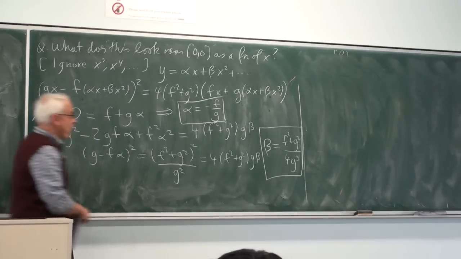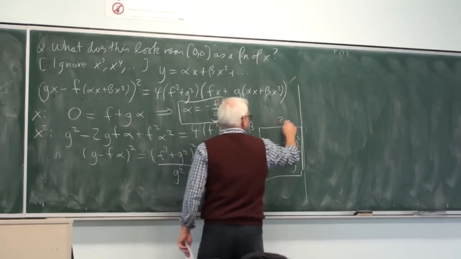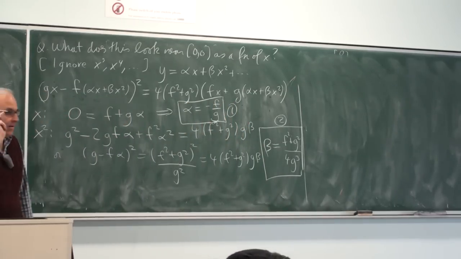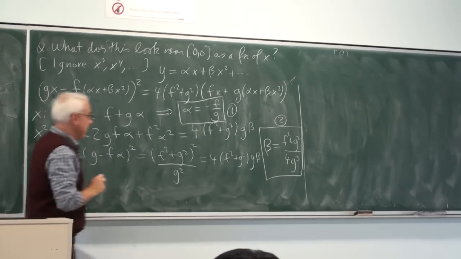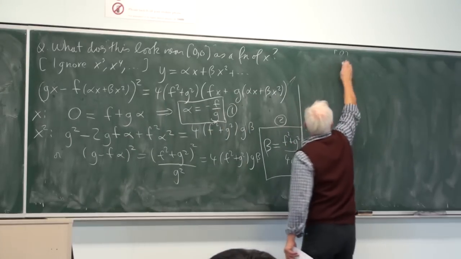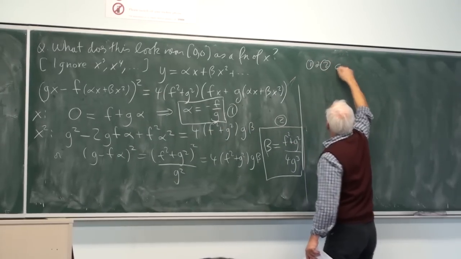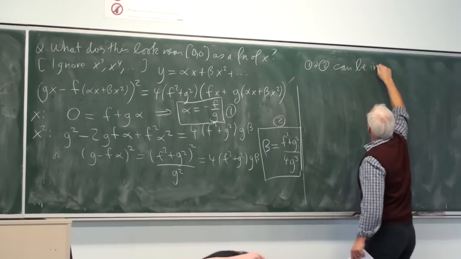Pleasantly, these two formulas, let's give them names, 1 and 2, can be inverted. This is not at all obvious, but when you stare at it for a minute, you see that it's true. 1 and 2 can be inverted.